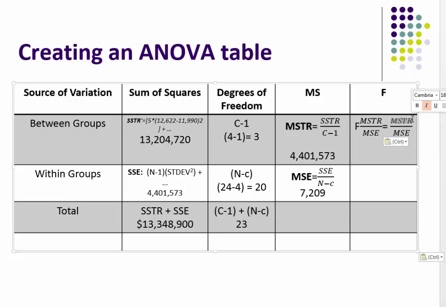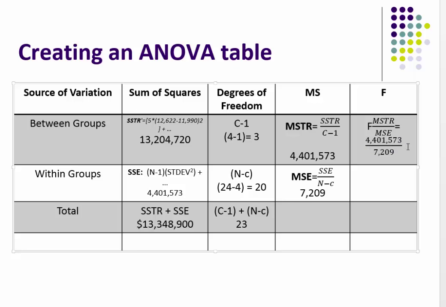So we've got the MSTR number, which is this one here, 4,404,401,573. And we're going to divide that by our MSE, which is this number here, 7,209.